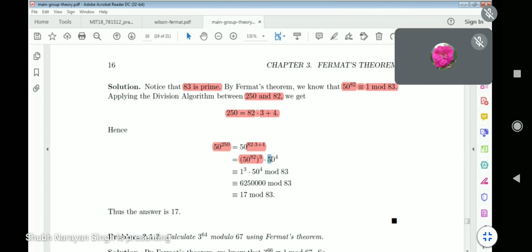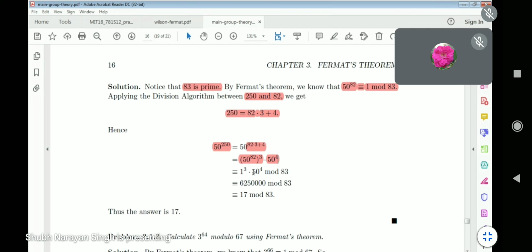And this is a simple computation. I believe that all of you agree on this. Then 50 power 82 is congruent to 1 modulo 83 by using Fermat's theorem. So just write 1 power 3 into 50 power 4 modulo 83.